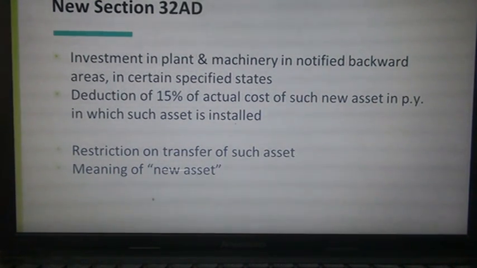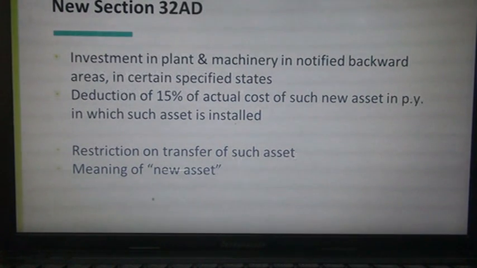So we have the states of Bihar, West Bengal, etc. being covered here, and in those states certain areas have been notified as backward areas, and the amendment says that if you purchase new plant and machinery for carrying out your business activity in these specific areas, we will give you an additional deduction of 15% of the actual cost of the investment that you make in this new plant and machinery in the previous year in which such asset is installed.